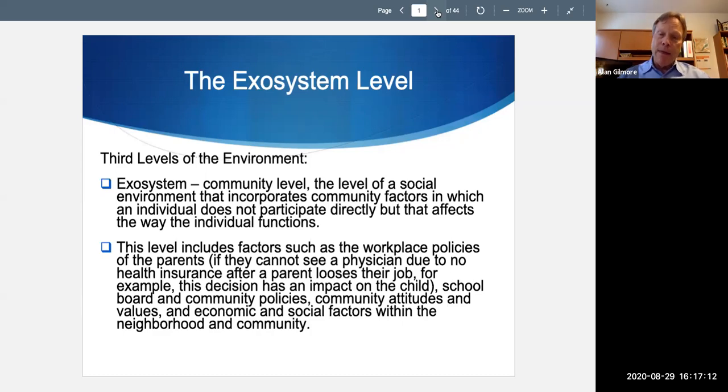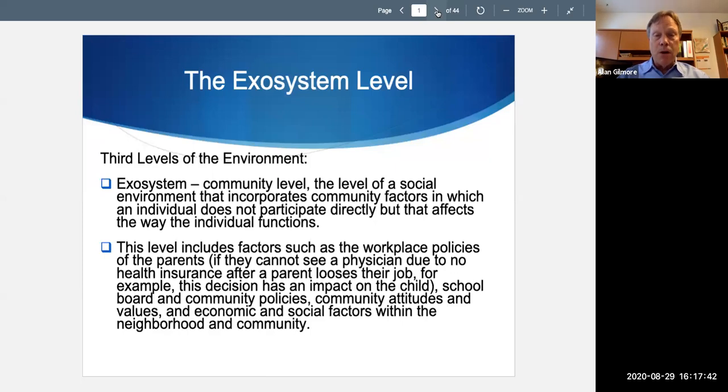So think about things that impact our lives and our ability to function successfully in the world. Things like a school board. A school board right now is playing a very huge role in your lives because it's telling you that you cannot send your kids to school, that you have to keep them at home, and that you're responsible for making sure that they attend all of their Zoom classes and whatever else is involved. There might be community policies that impact you and your family.